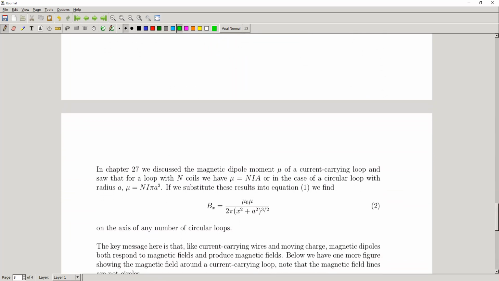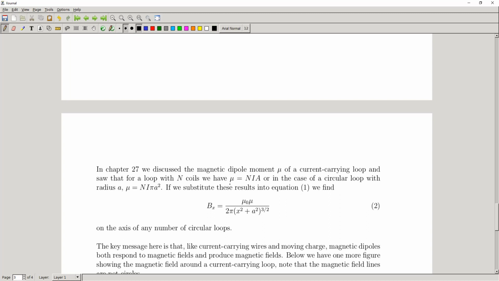So there's kind of a punchline to this whole discussion about the magnetic field outside of our coil here, and we're going to get to it. In chapter 27, we discussed that the magnetic dipole moment of a current carrying loop with n coils is given by the expression that we see here, right?